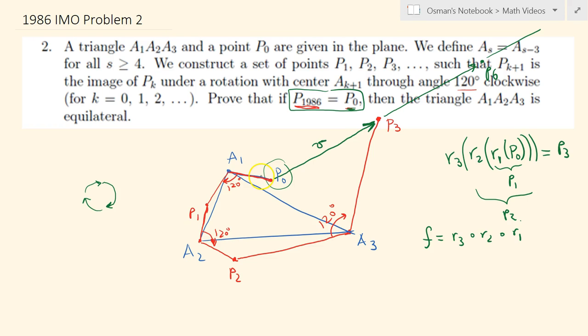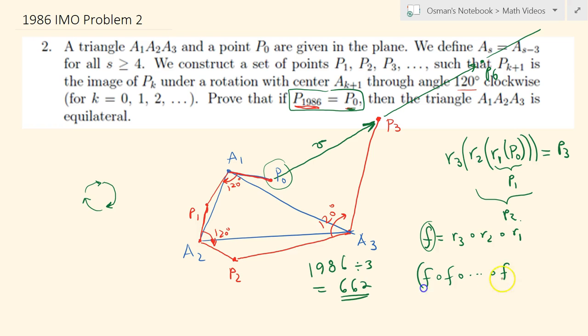Because if you divide 1986 by 3, that should give us 662. So we are applying function F repeatedly 662 times. I don't even know how to write it actually.